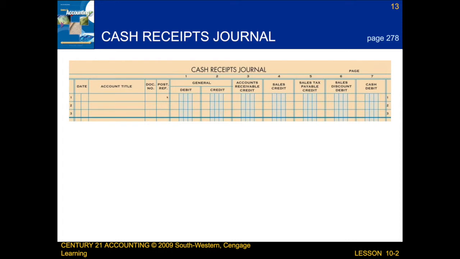This is where we'll put the post reference. And then we'll record each amount in either the general debit or general credit column, accounts receivable credit column, sales credit column, sales tax payable credit column, sales discount debit column, or the cash debit column.